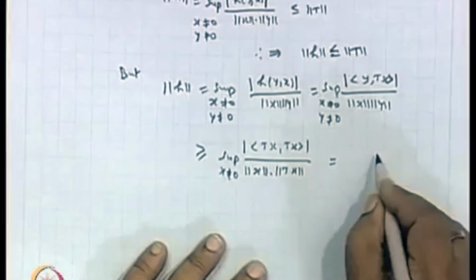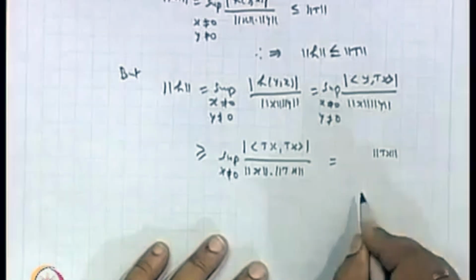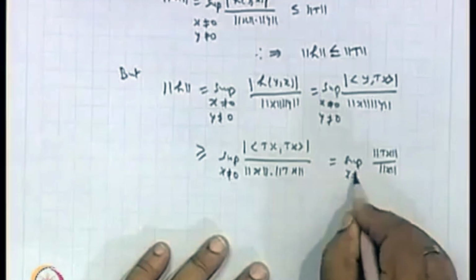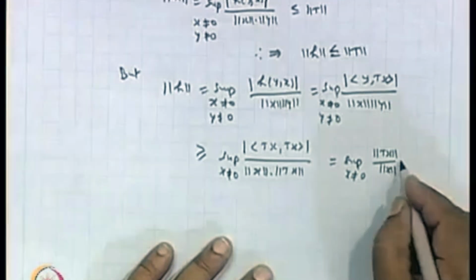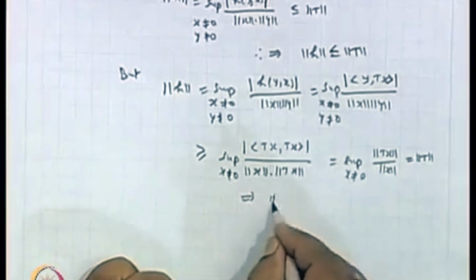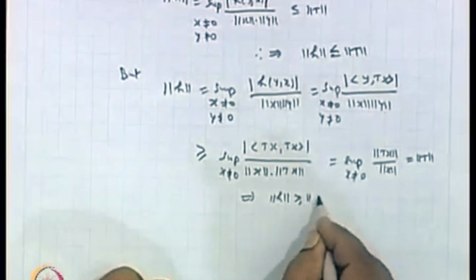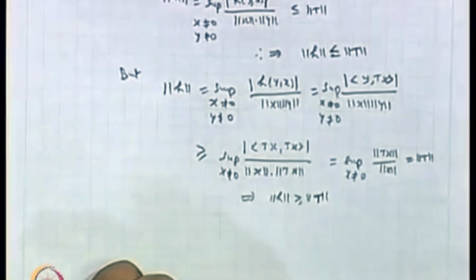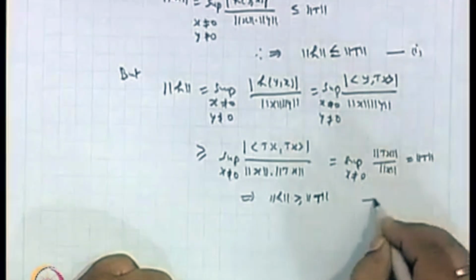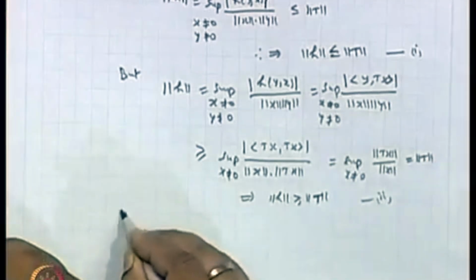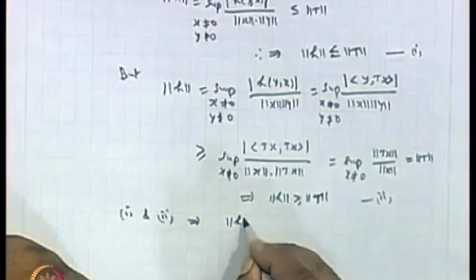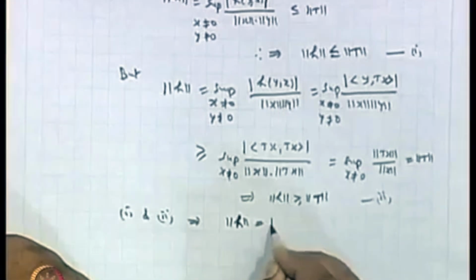So this will give the norm of Tx divided by norm x, supremum over x not equal to 0, and that is nothing but the norm of T. So this implies the norm of h is greater than or equal to the norm of T. Combining 1 and 2 gives the norm of h equal to the norm of T.